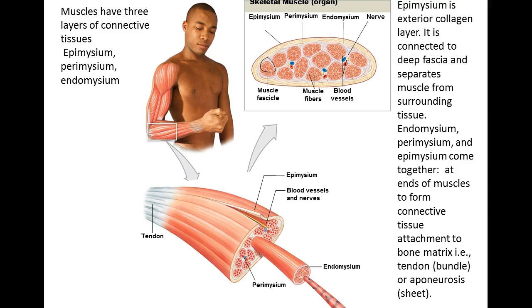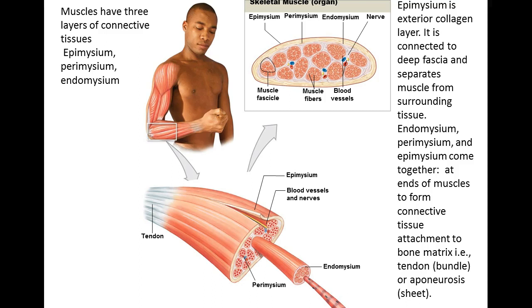The epimysium is around, that would be the area around the muscle itself. And you can see where that epimysium blends into the tendon. So you can kind of in your head get an idea of where we are layer-wise with the epimysium.